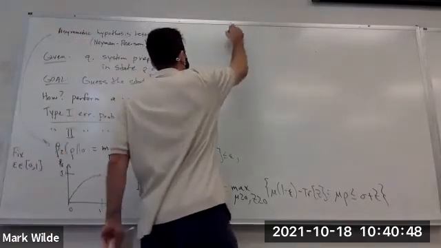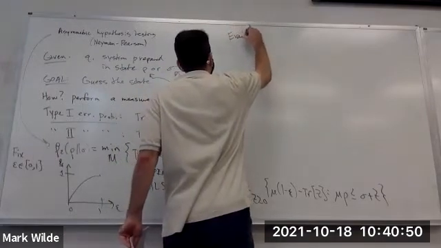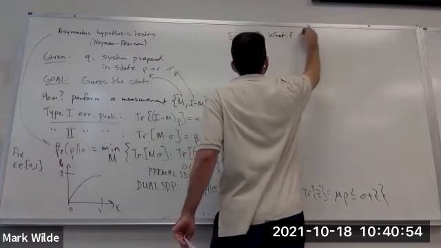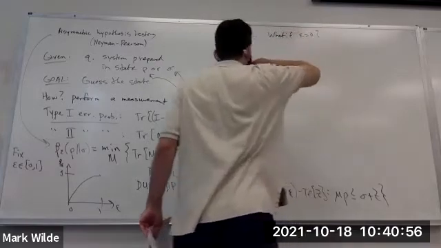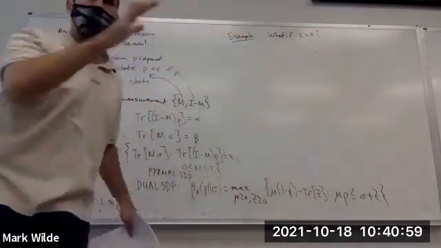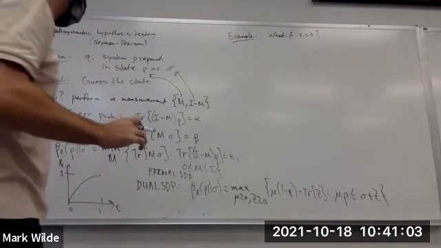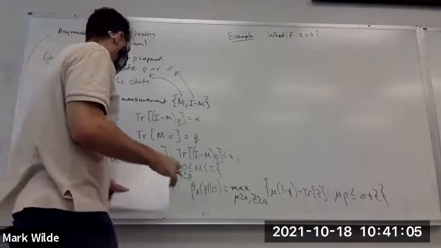Let's look at an example. So this is what we're discussing. What about the case when you allow no error probability for the type 1 error?